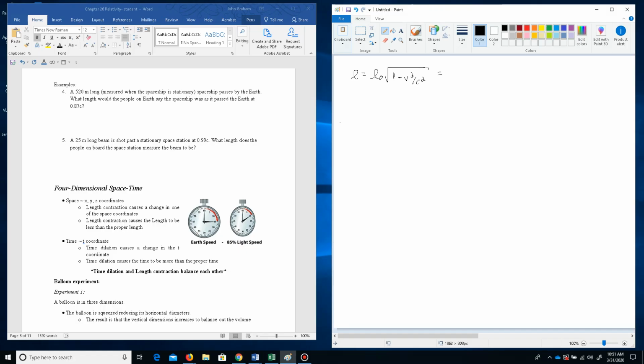The proper length here is going to be the actual length of the spaceship as it was created. So 520 meters times the square root of 1 minus, and then the speed is 0.87 c squared over c squared. And so we get 520 times the square root of 1 minus 0.87 squared. You put this in a calculator and you end up with 256.4 meters. Okay, so it shrank almost halfway. Actually, maybe a little bit more than halfway.